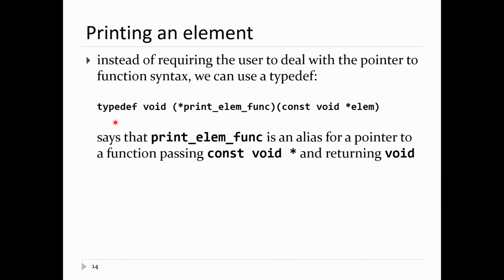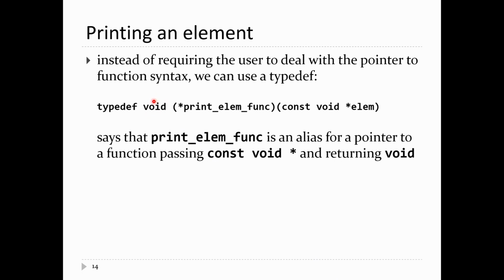Now, to make the typedef, again, it's a little weird. Normally it's typedef, the thing you want to replace, and then the name of the type, the name of the alias. With pointers to functions, it's a little bit different. With a pointer to a function, you write the pointer to the function.